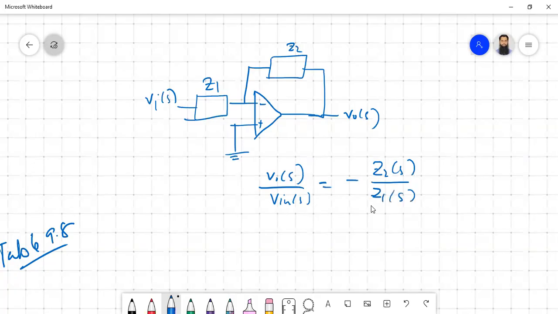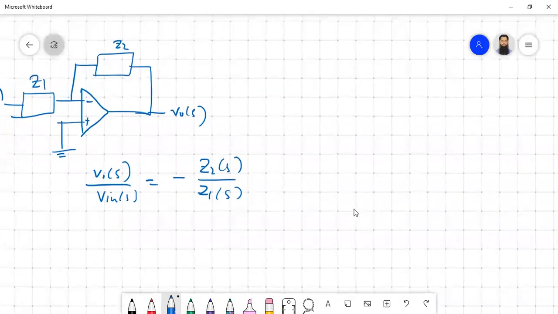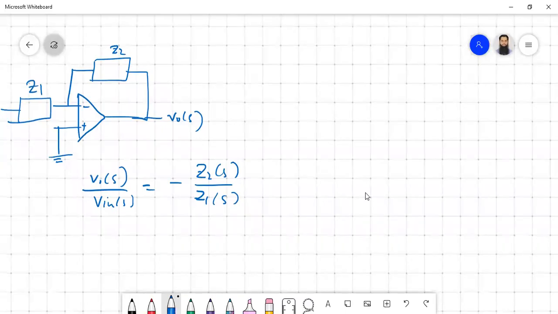Now if you have different values of Z1 and Z2, say Z2 is a resistance R2 and Z1 is also a resistance R1, then it is just a simple proportional controller. So basically minus R2 by R1.